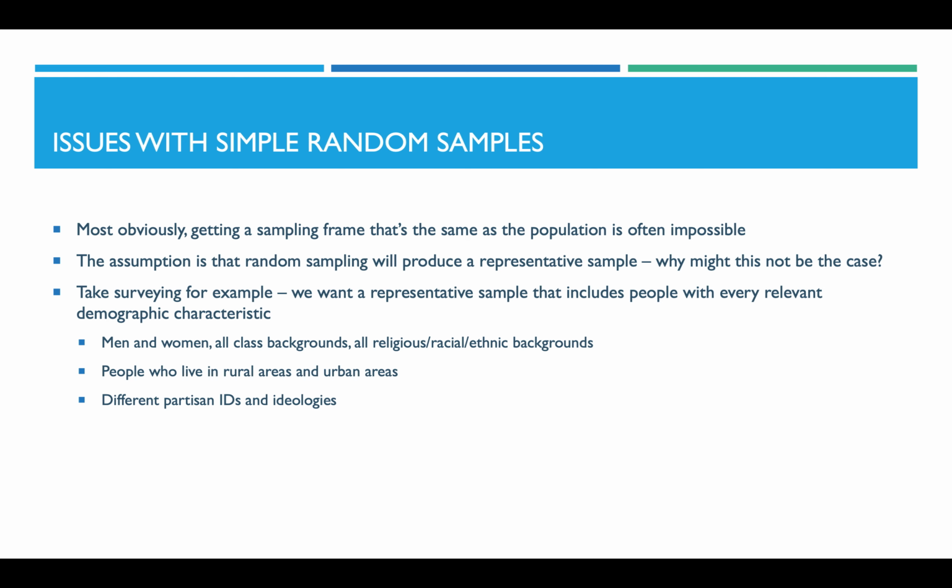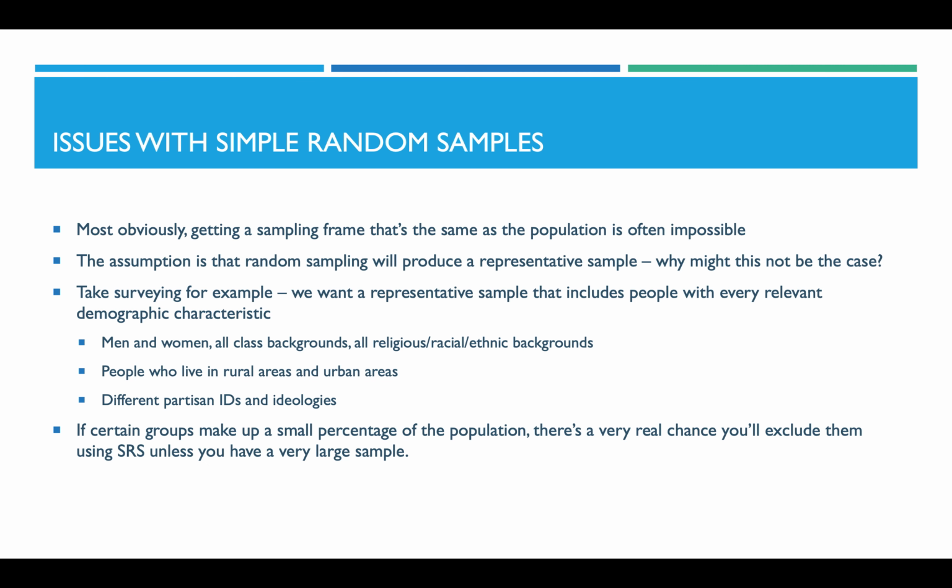That is to say, if we are sampling American citizens to survey, we are going to want the sample from everyone in the US to include men and women, people with all class and socioeconomic backgrounds, all religious, racial, and ethnic backgrounds. We'll want people who live in rural areas as well as urban areas. We'll want people with different partisan identifications and different political ideologies, so on and so forth. You get the point.